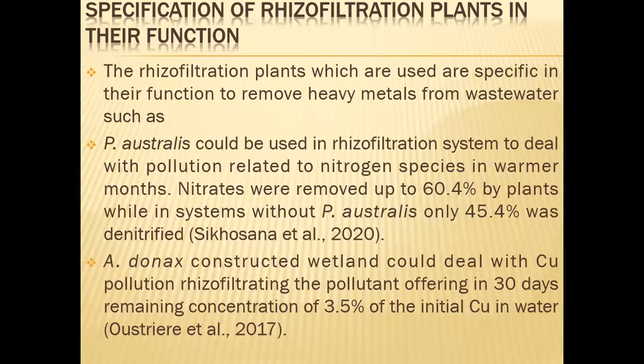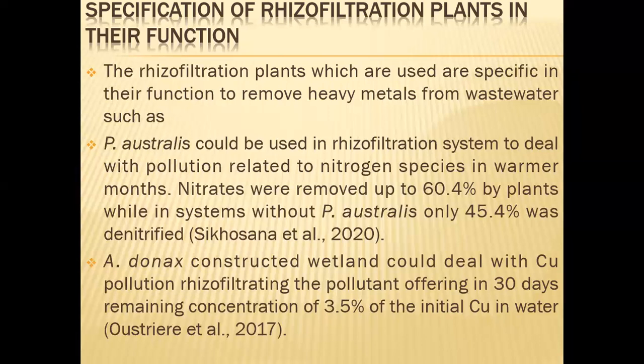Such as P. australis, which could be used in a rhizofiltration system to deal with pollution related to nitrogen species in warmer months. Nitrates were removed up to 60.4% by plants, while in systems without P. australis, only 45.4% was denitrified.